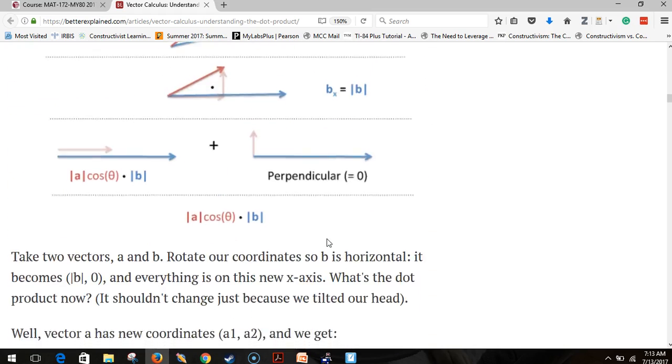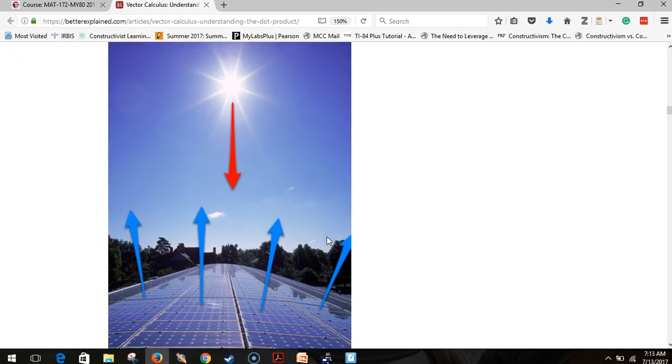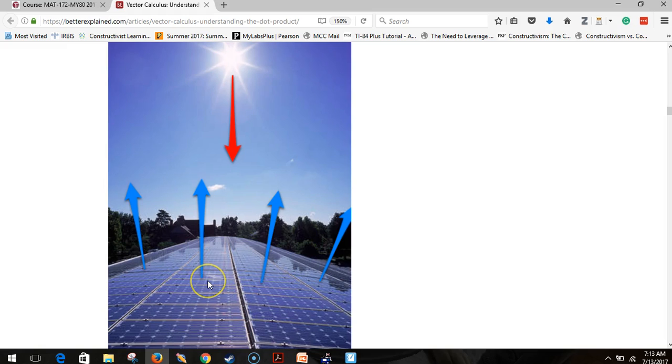So a couple of different ways to think about a dot product. The first example they give you is a solar panel. So you have your solar panel and it's facing a certain direction, and as the sun moves through the day, sometimes you're going to collect more energy, if you will, depending on how this ray is coming in.